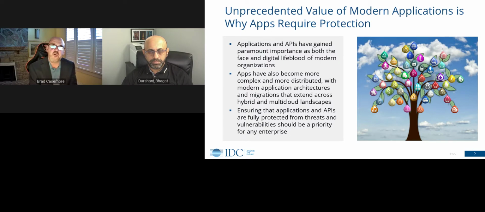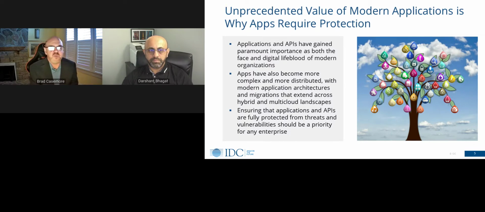They've also become more complex. Think about the move to containers and microservices, these sort of loosely coupled application components that can be brought together in different ways to speed the application development cycle and to also improve the experience that you offer users, whether they be employees or clients, customers, or partners, or whatever.